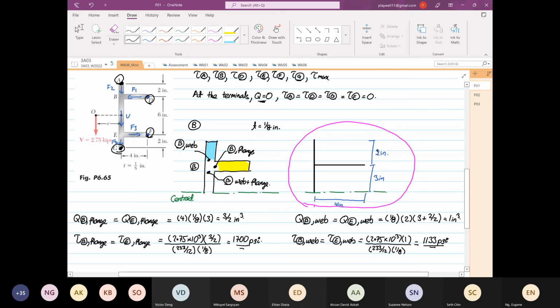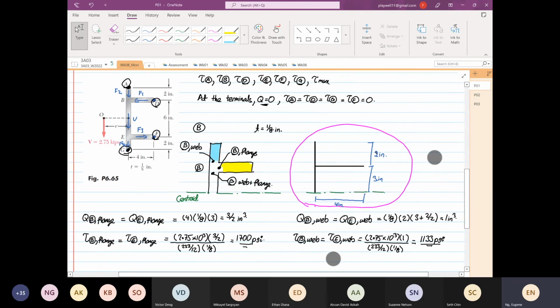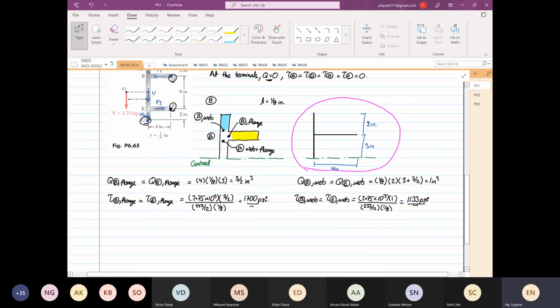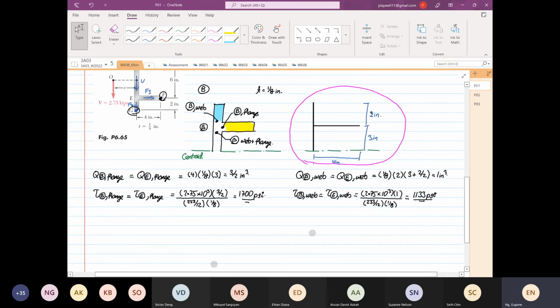Okay. Then we are going to look at point B, with the web and the flange. So I think you all get the idea now. So sorry, I'm going to find Q at point B, the web plus flange.